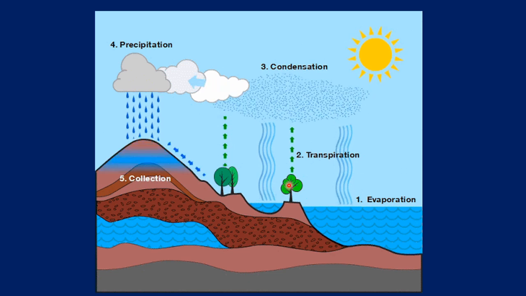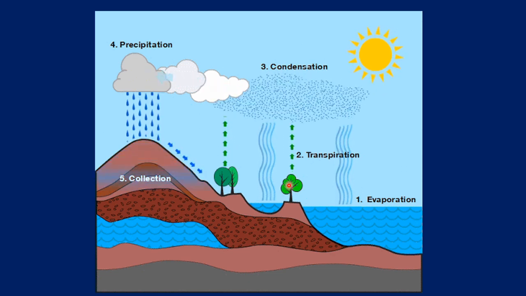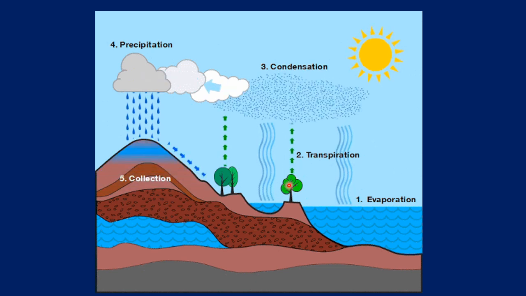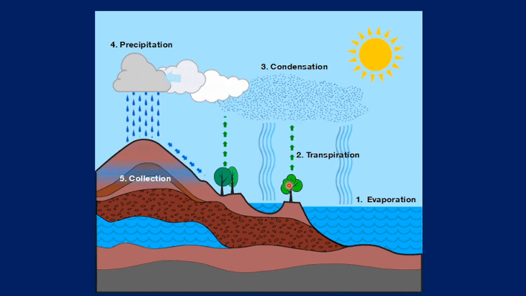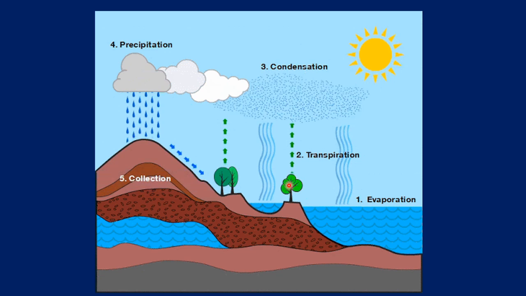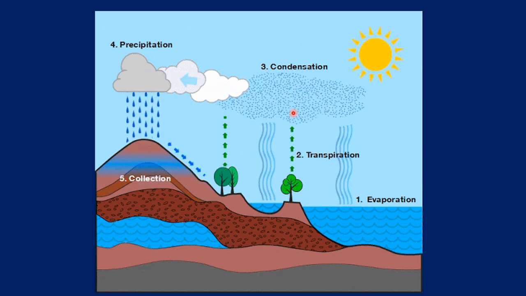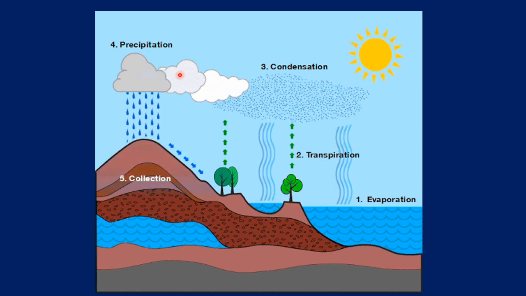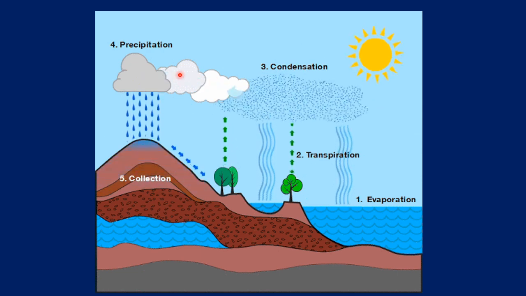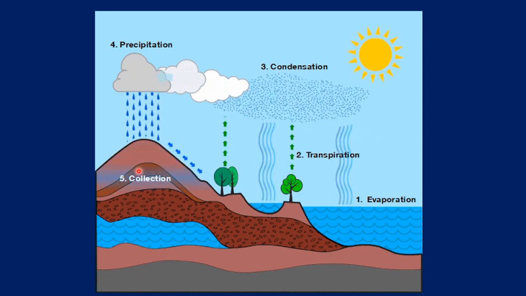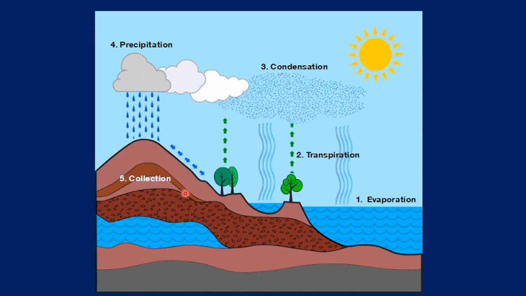This is something like human beings sweating, but it happens in the case of plants. Plants sweat in the form of transpiration, and that water content will again evaporate, condense, and the condensation thickens, clouds are formed, which precipitate in the form of rain.